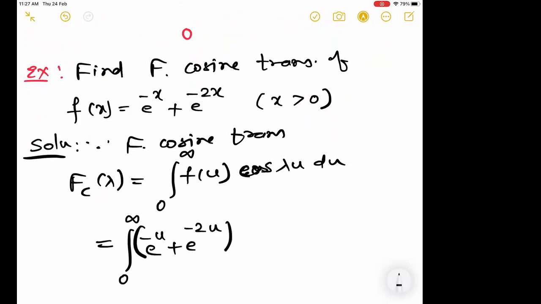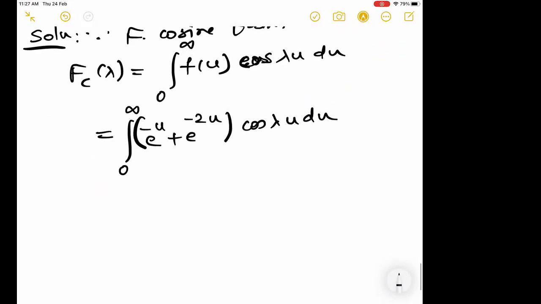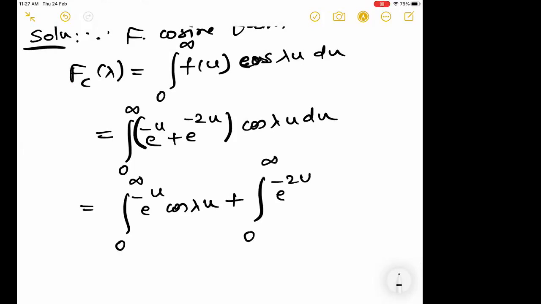Yes. This is f of u into cos of lambda u du. Now, there are two exponential terms with a plus sign in between, so you can separate them into two integrals: integral 0 to infinity e raised to minus u cos lambda u du, plus integral 0 to infinity e raised to minus 2u cos lambda u du.